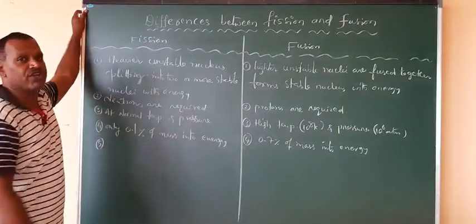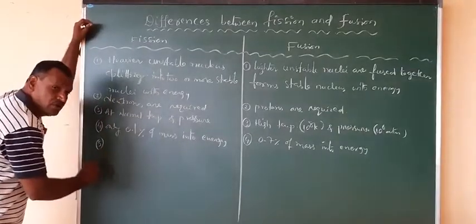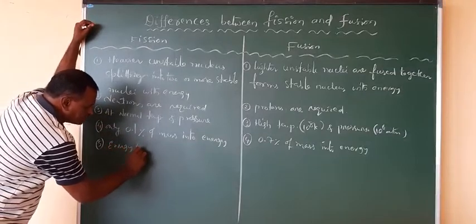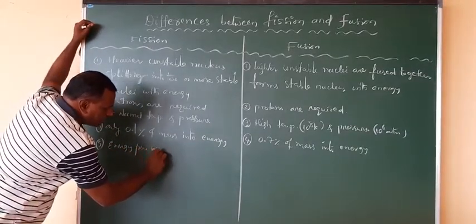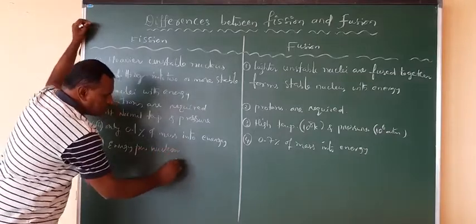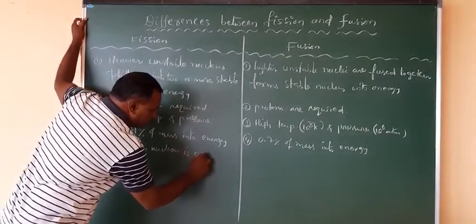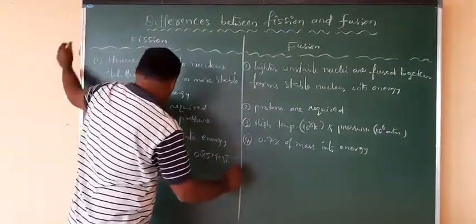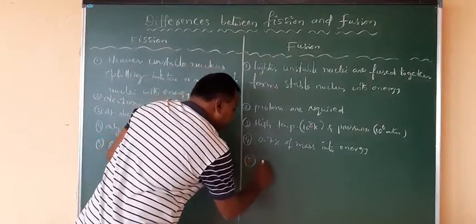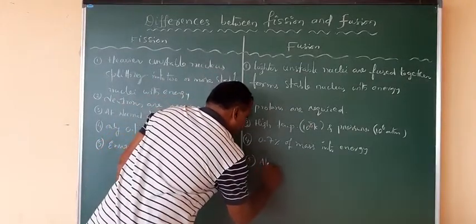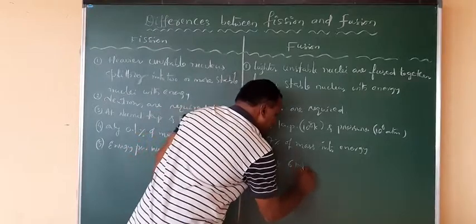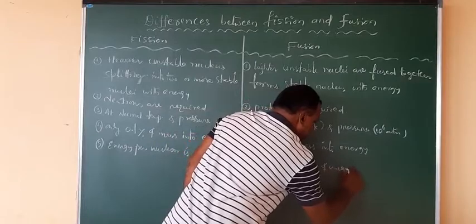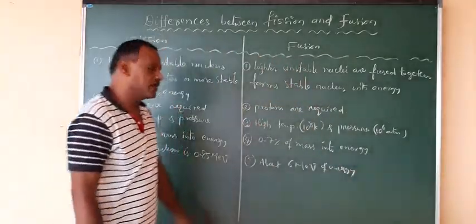In the case of fusion, it is about 6 million electron volts of energy per nucleon.